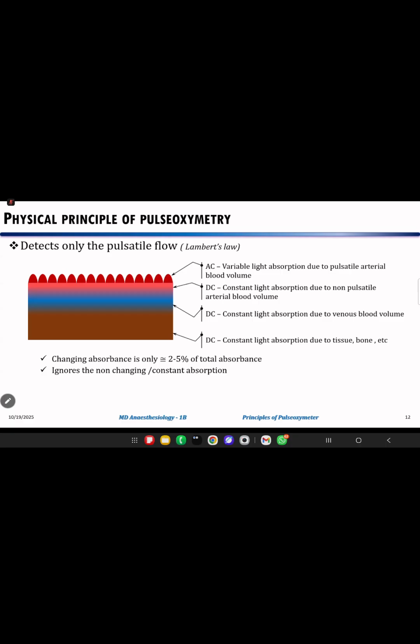When you see this picture, you will see that the changing absorption, the AC signal, is only a very small percentage of the total signal. It's usually about 2 to 5% of the total absorption. So the important part is only that 2 to 5%, and we need to ignore the non-changing absorption during the calculations.